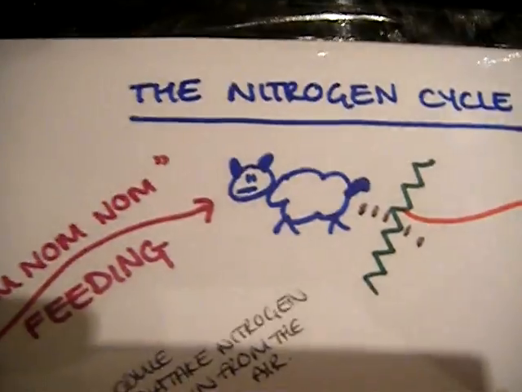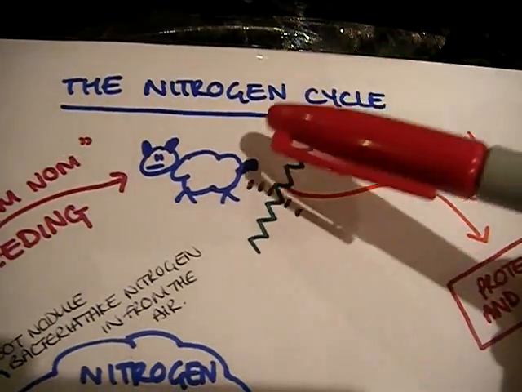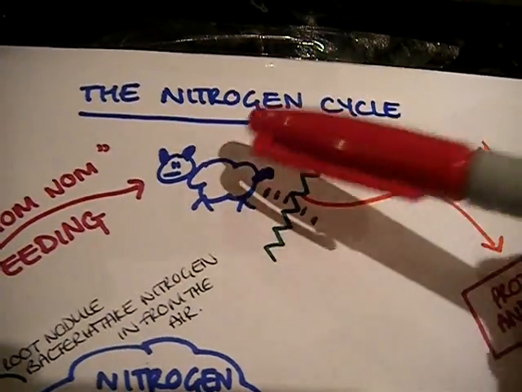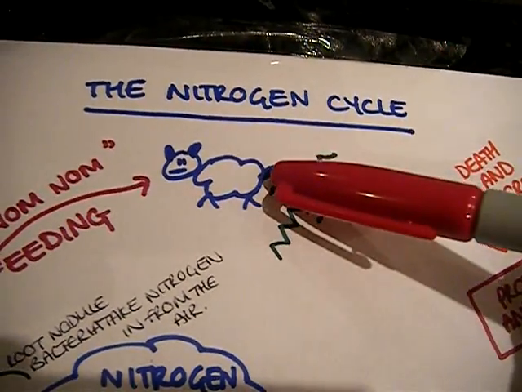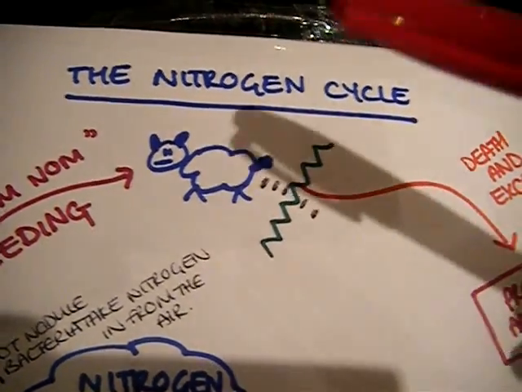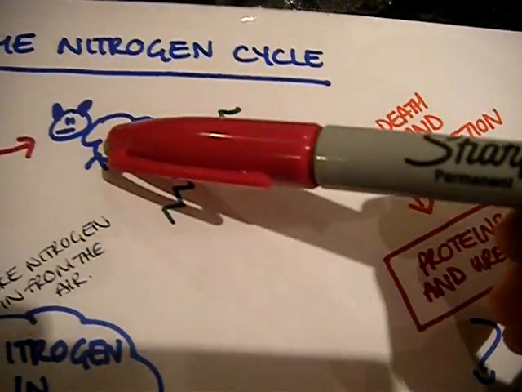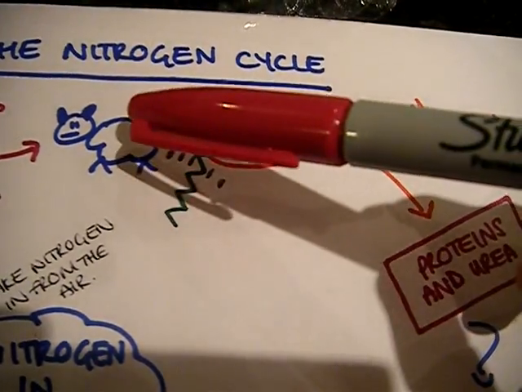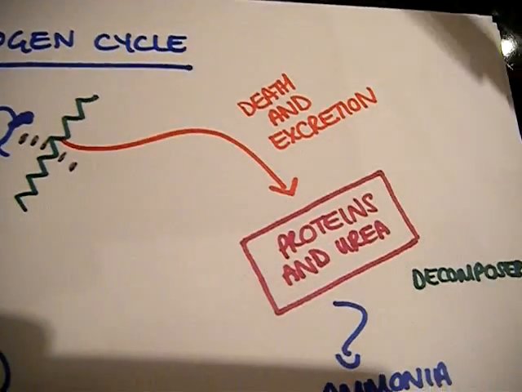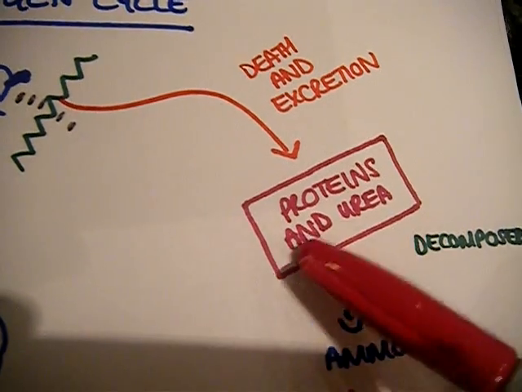So here we have an animal. Nitrogen in the animal is really important. It makes up proteins, so that pretty much makes up the animal. When the animal dies, the waste and animal parts go into the ground, and through death and excretion we produce proteins and urea.